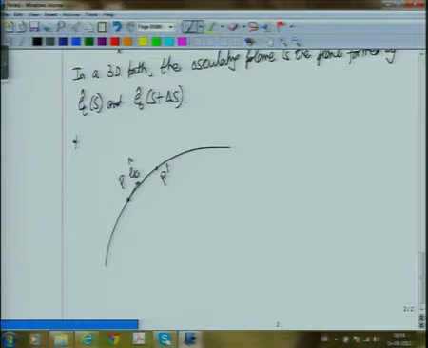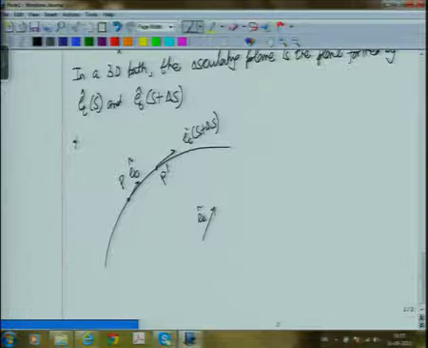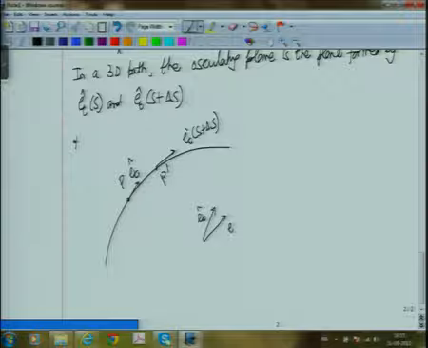The vector Et here will be like this. This will be the vector Et at S plus delta S. So, now if I draw these two vectors together, this is the vector Et and this is the vector Et at S plus delta S.